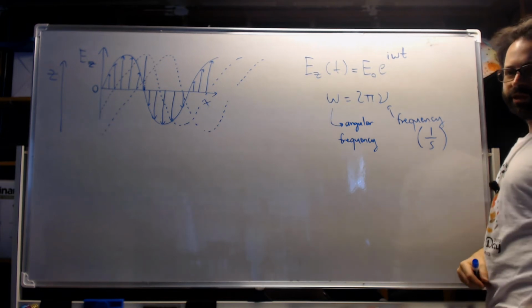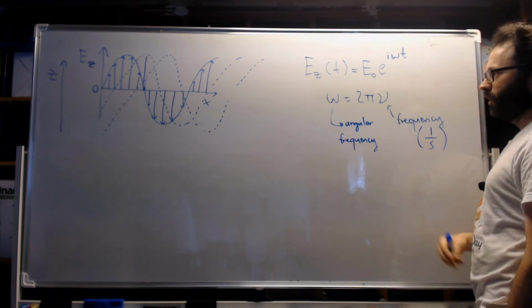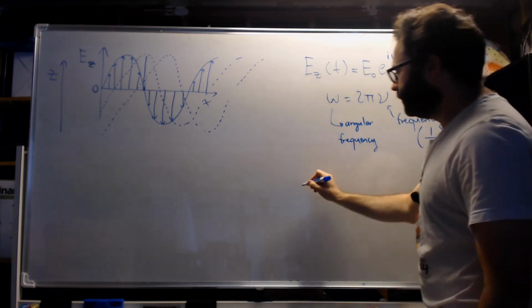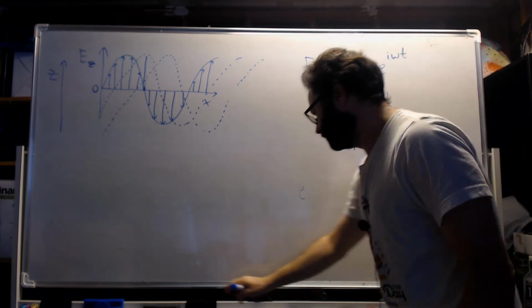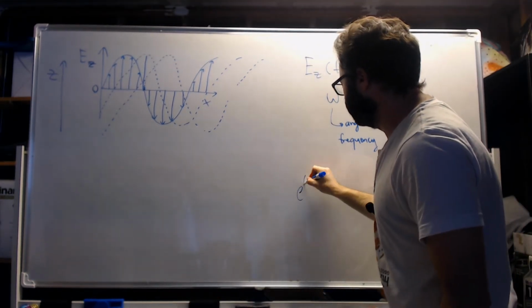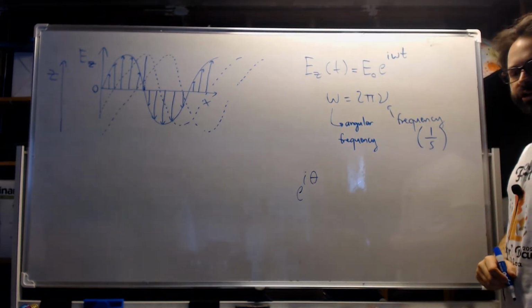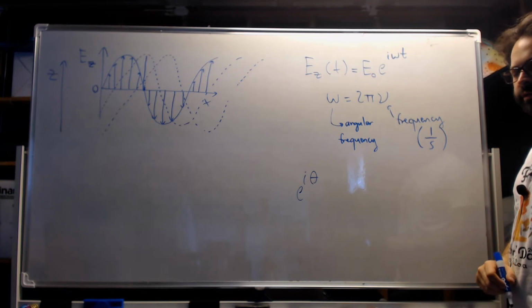This is called complex notation for the sinusoidal time dependence of the wave. e to the i, let's call this some angle theta, has a very interesting form when written in terms of cosines and sines.